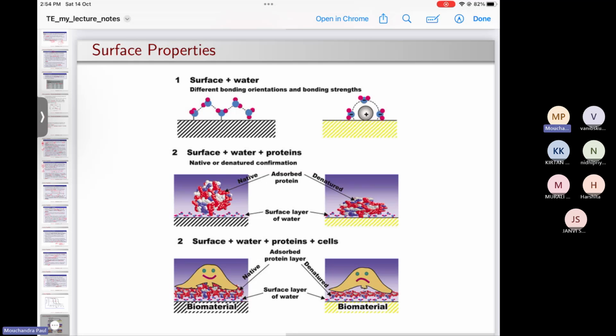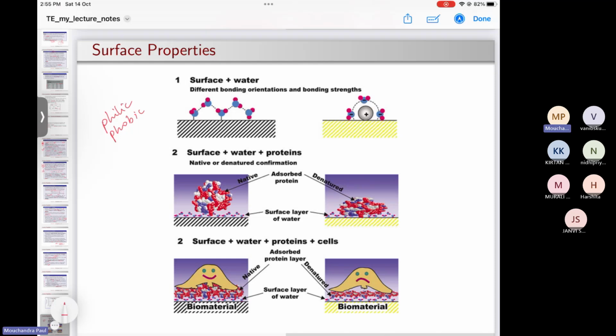So on the surface, first, depending on what kind of surface it is, whether it is hydrophilic or hydrophobic, the water molecules that are there in the aqueous environment will adsorb. They can either adsorb using bonds like hydrophobic bonds or van der Waals bonds, or they can adsorb using hydrogen bonding or electrostatic charges.